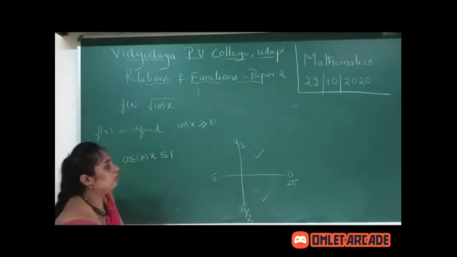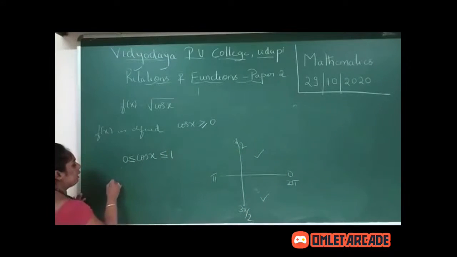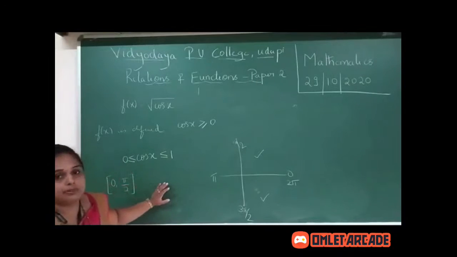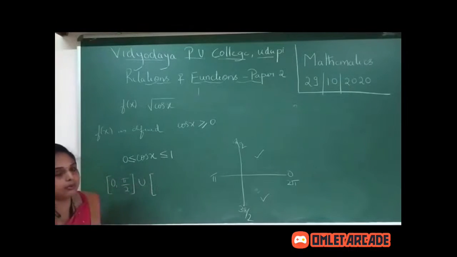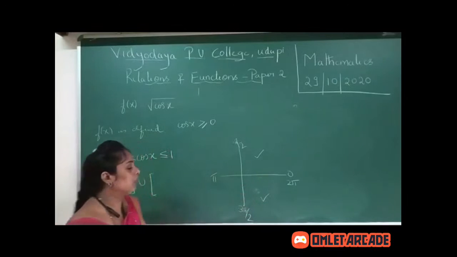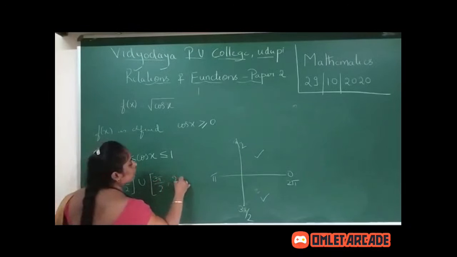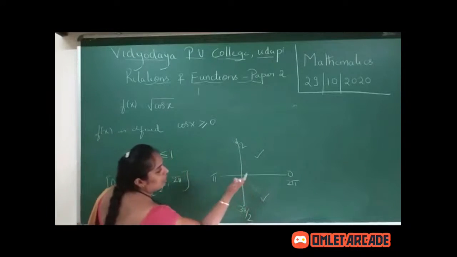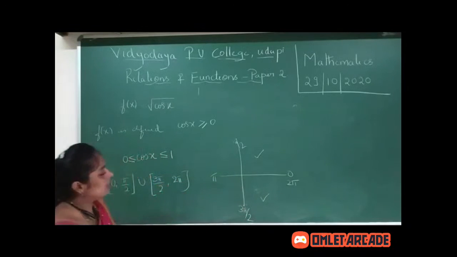So your answer here would be 0 to pi by 2, first quadrant, where cos is positive, I mean the cos value lies between 0 and 1, union 3 pi by 2 to 2 pi, fourth quadrant, where it is also positive.